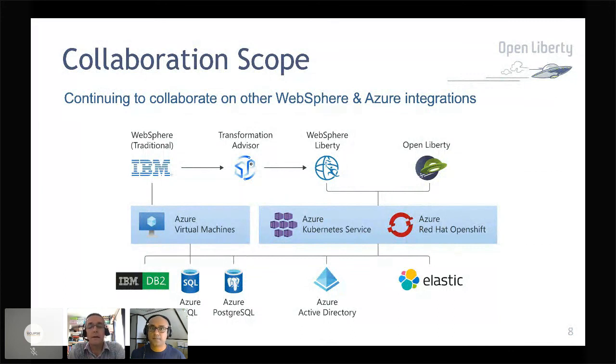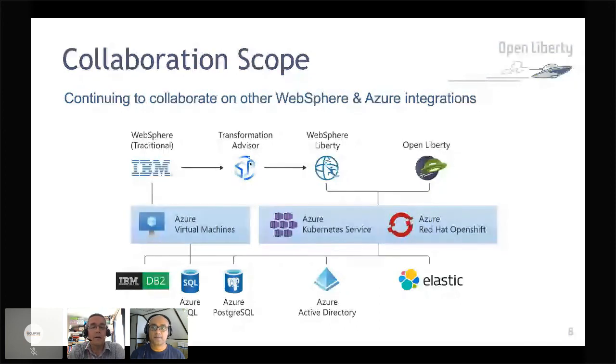The capabilities that Reza demonstrated here with Open Liberty on OpenShift, you can do with WebSphere Liberty, but we're also looking at providing first-class marketplace entries for Open Liberty and WebSphere Liberty on Azure Kubernetes Service.